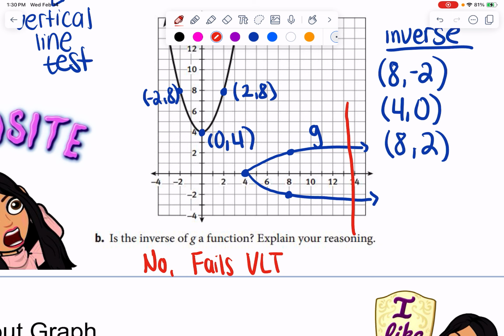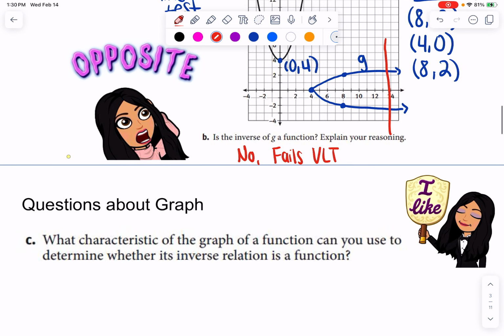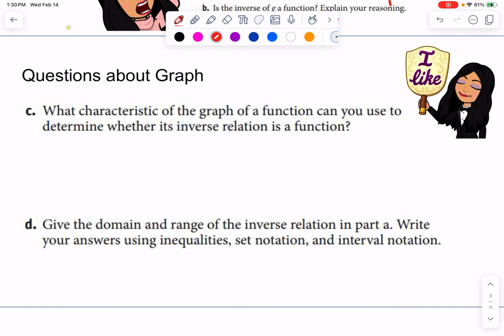So we want to figure out a way in which we can get that to be a function. Just some questions about the graph. It says, what characteristics of the graph of a function can you use to determine whether or not the inverse relation is a function?